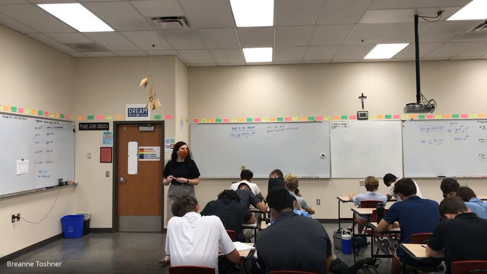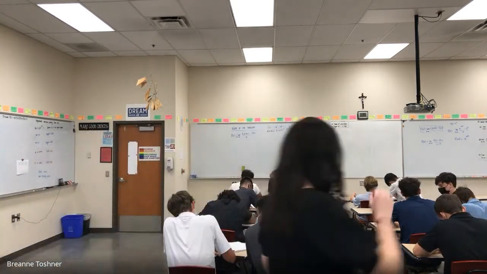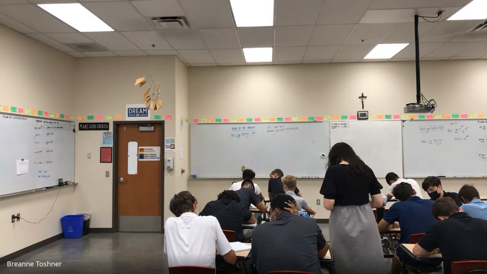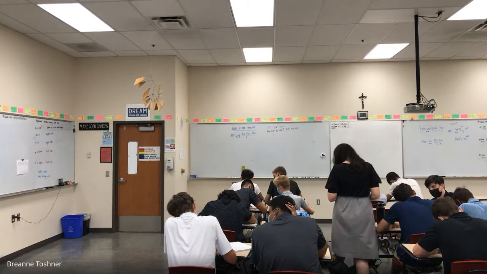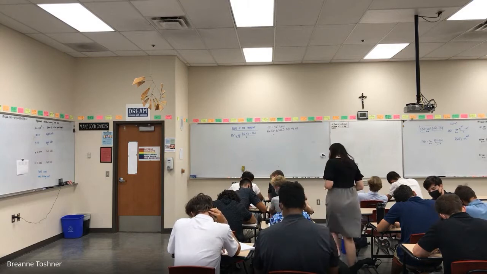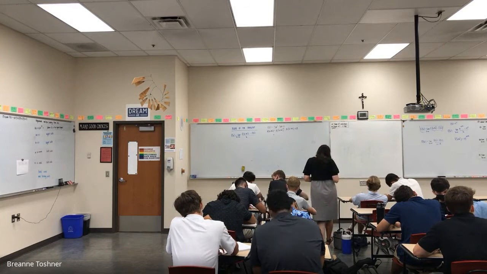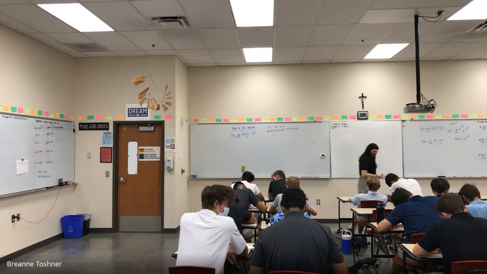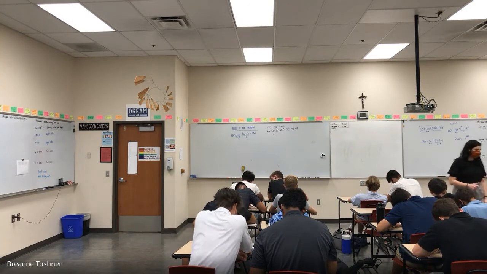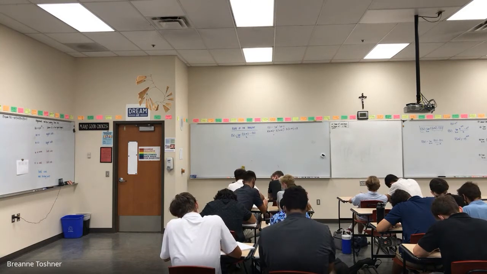You're going to actually multiply by that negative 5. Cancel. Don't forget to write limit as h goes to 0.